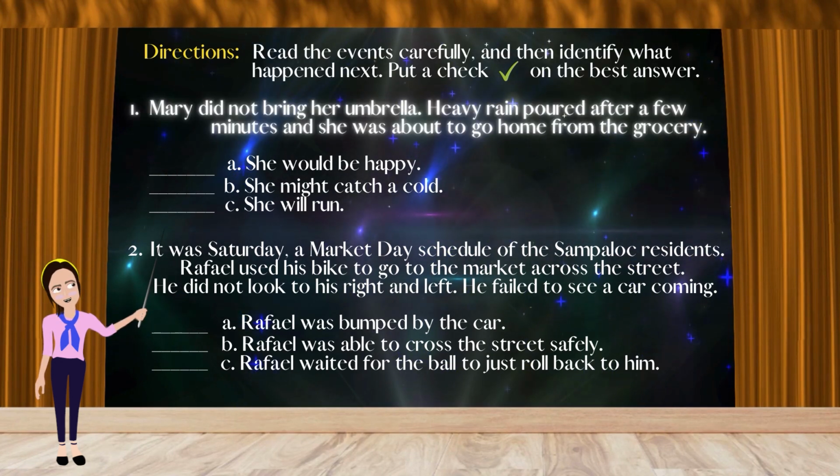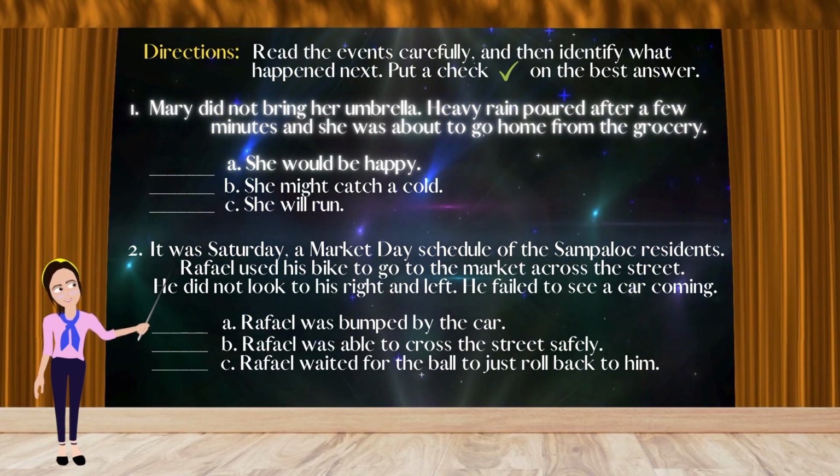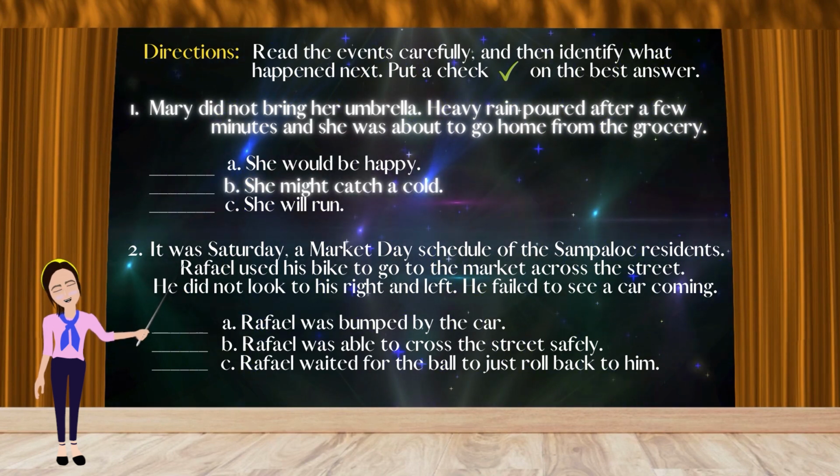Mary did not bring her umbrella. Heavy rain poured after a few minutes, and she was about to go home from the grocery. A. She would be happy. B. She might catch a cold. And letter C. She will run.